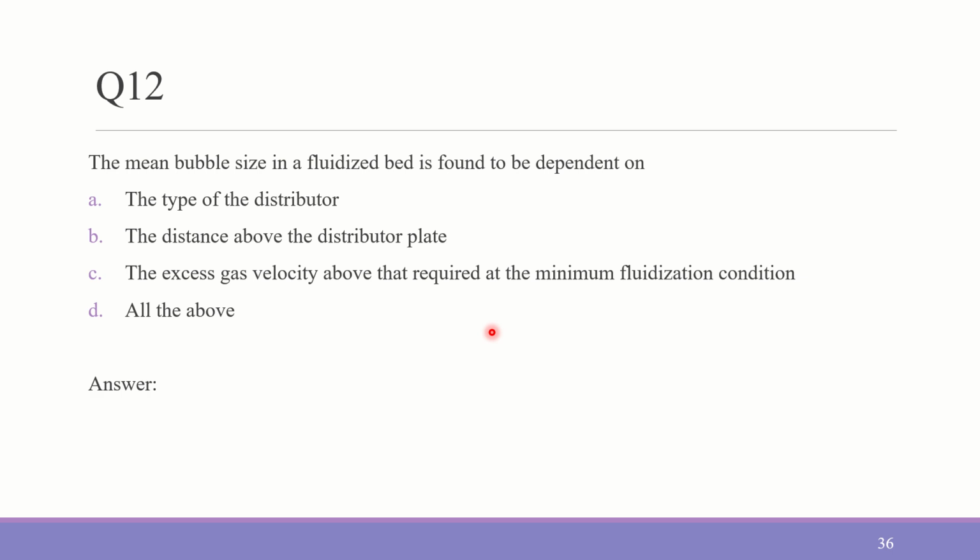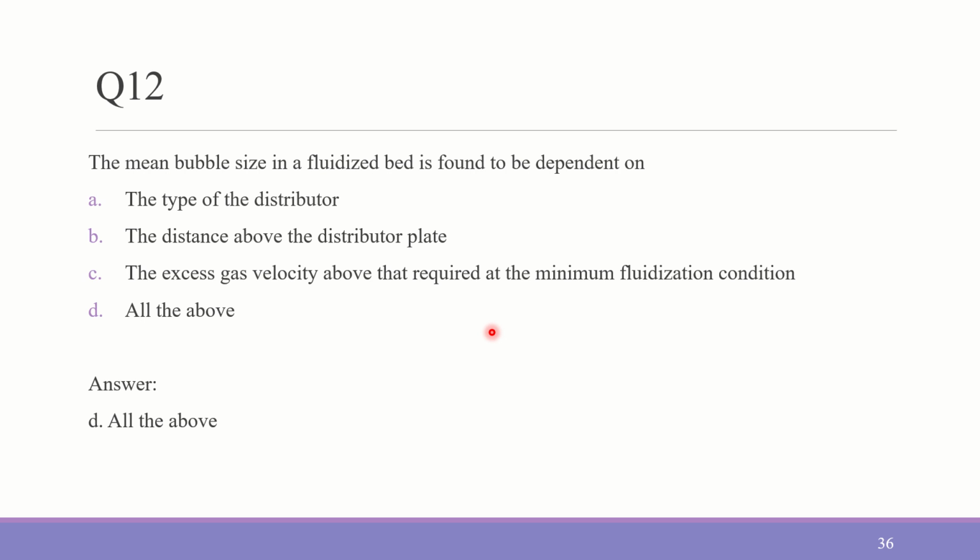Actually, the answer is all the above. Does the type of distributor influence the size of the bubbles? We have different types of distributors, like porous type, perforated plate, and so on. So type of distributor plays a role in formation of bubbles. Second, distance above the distributor plate: bubble size varies at different heights, so that is also a factor.